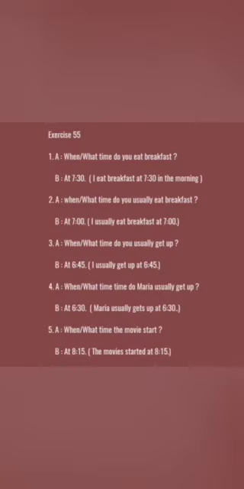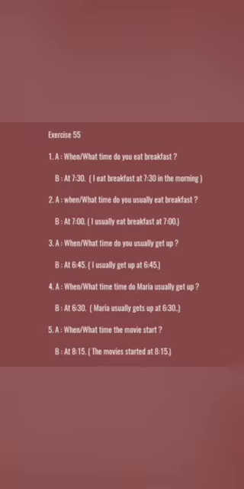Alright, now we will go to our final chart. Chart 3-11. Using simple present tense, asking information questions with when and what time. Okay, now we will go to exercise 55. Looking at grammar, make questions. There are 2 examples.